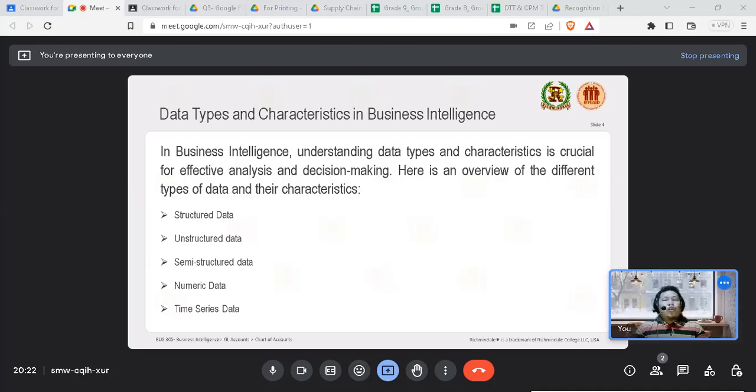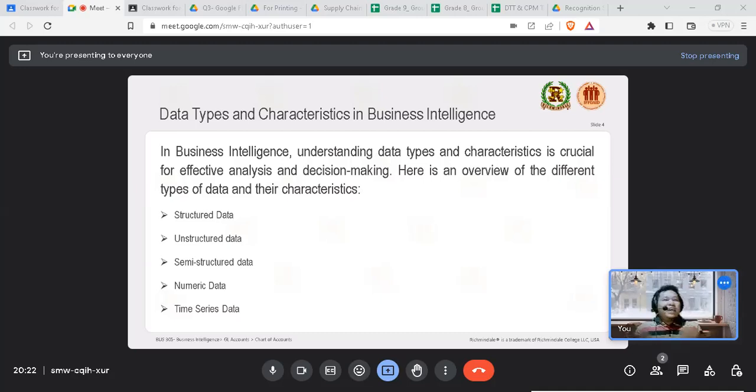Combining unstructured data with structured data is a common practice in business intelligence. Integrating both types of data provides a more holistic view of business operations, like customer behavior and market insights.